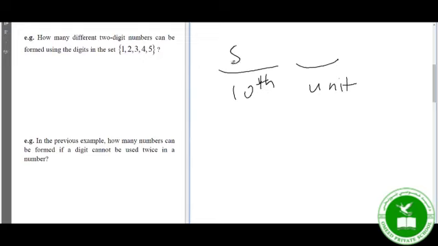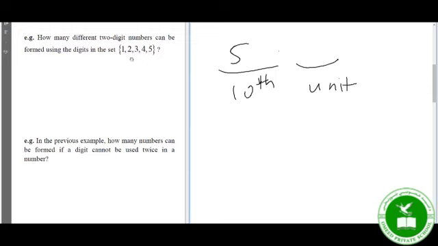We have 5 different choices for the tens digit. But the problem says that the same digit cannot be used twice. So how many choices will be left for the units digit?